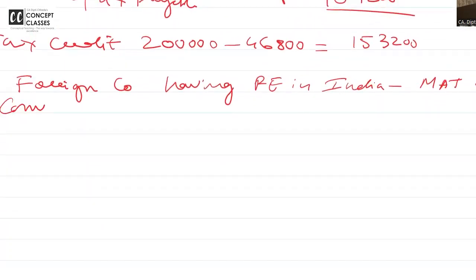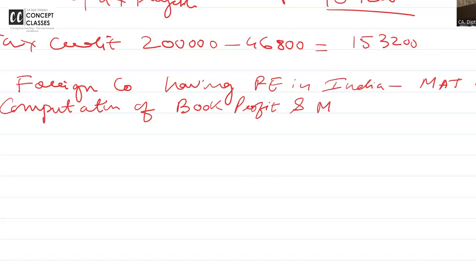So first we will do the computation of book profit and MAT. Book profit and MAT. Start with the net profit as per the profit and loss account.